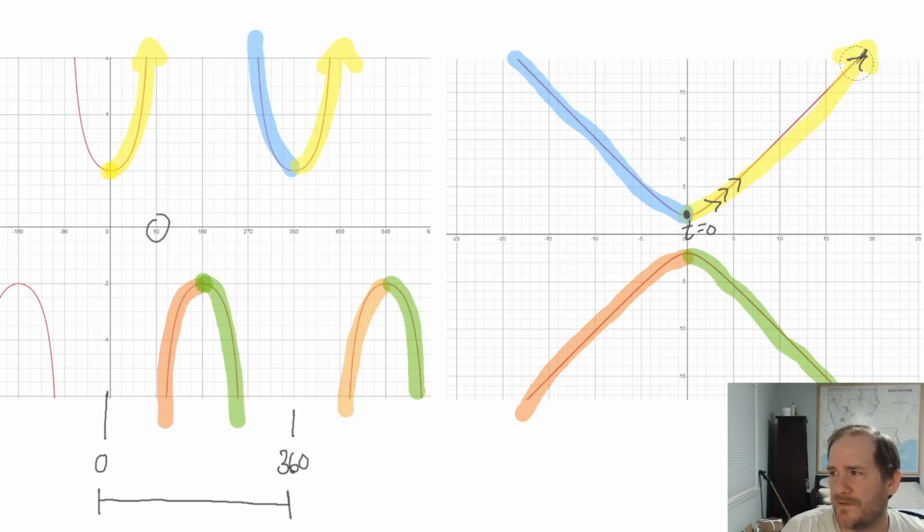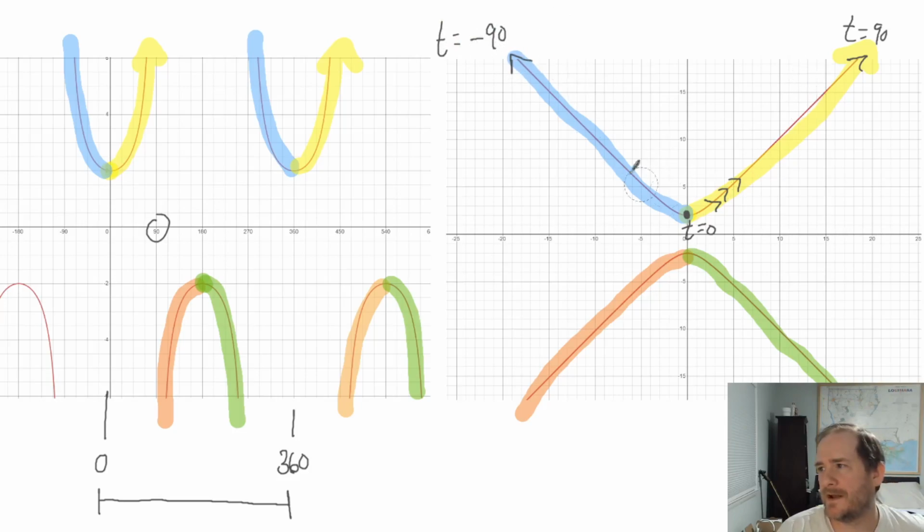When this thing runs off to infinity, that's analogous to a t value of 90 degrees. If you wanted this half over here, then since this whole thing is cyclical, right here, that's the blue bit again. So couldn't we just let the t values go from negative 90 to 90? And I would get only the top half? Hey, we did it.